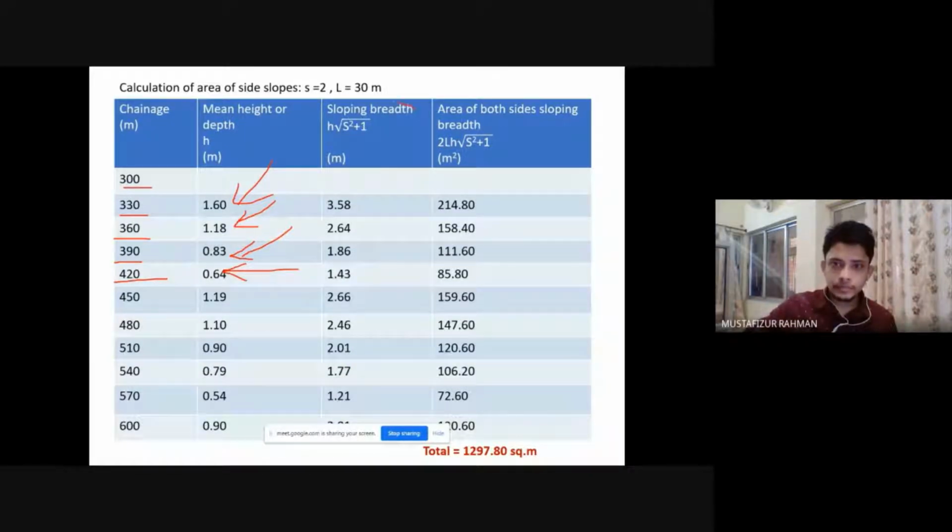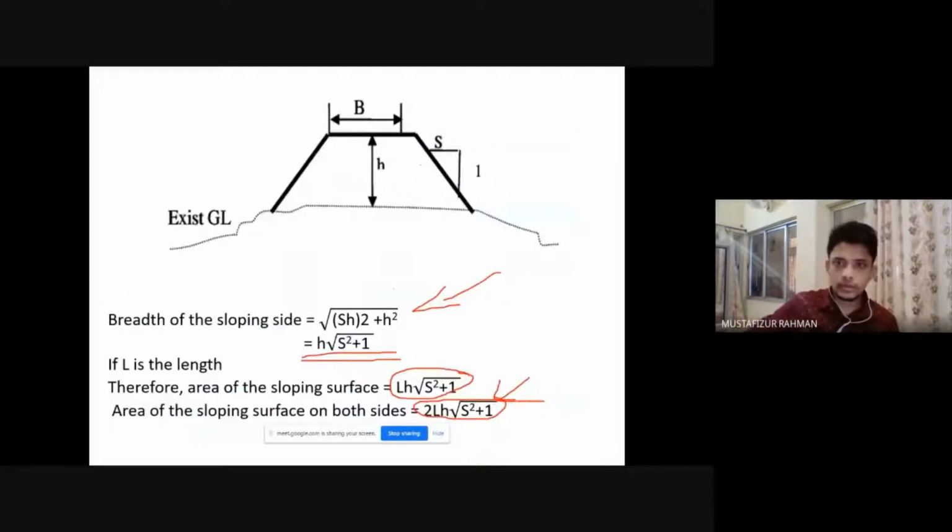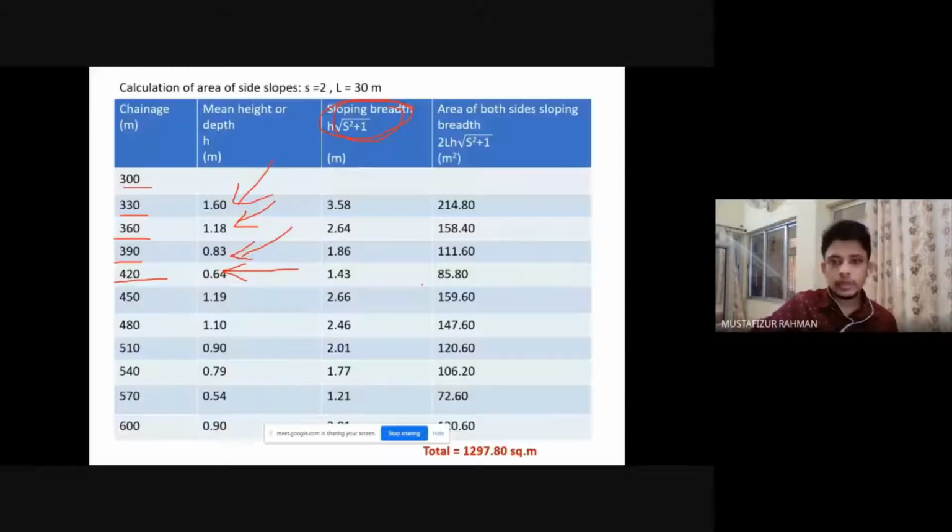Then we are finding out the sloping length using this formula, then that is multiplied with 2 into L to get the total sloping area on both the sides. On both the sides at different chainages we are finding out, and then finally we are adding them up to get the total value.